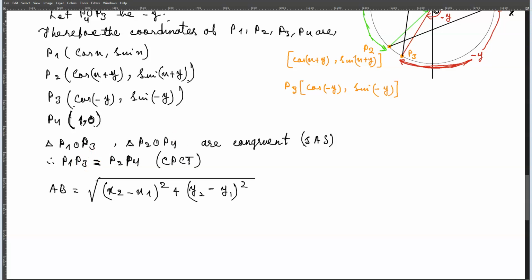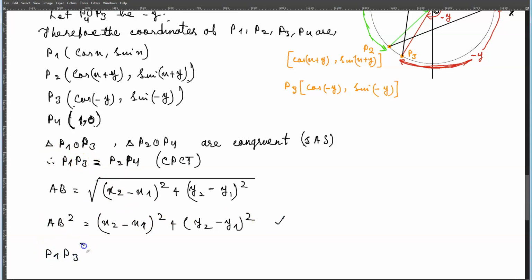So if I calculate P1 P3 whole squared, in this formula you can raise both sides to the second power, and then you can write it as AB squared is equal to x2 minus x1 whole squared plus y2 minus y1 whole squared, right? So based on this formula, I'm going to calculate P1 P3 whole squared.